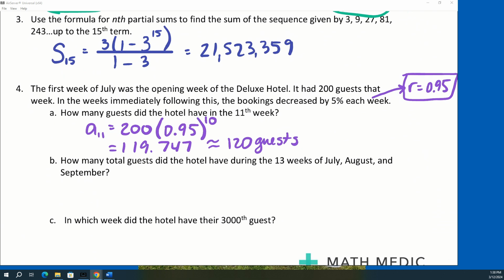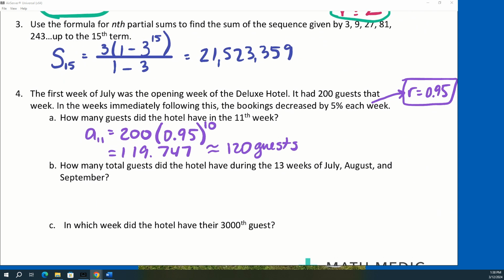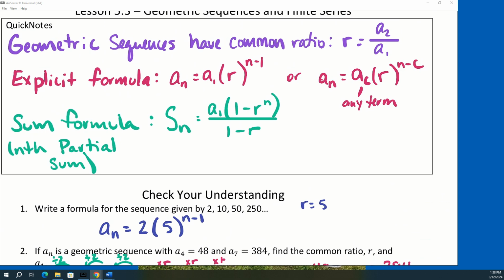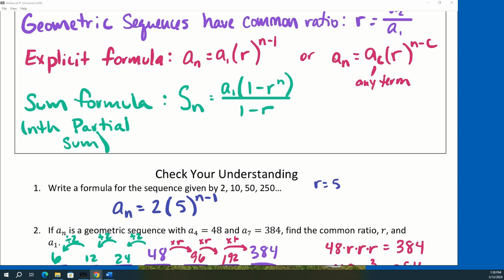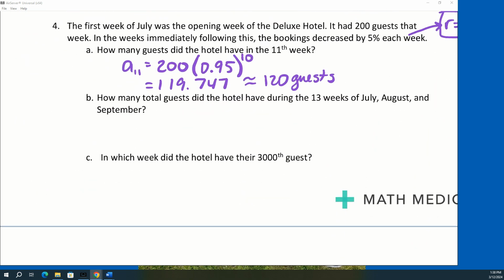And then B wants us to know how many total guests did the hotel have during the 13 weeks of July, August, and September. Which formula are we going to use this time? The red or the green? Green. We're going to do the sum.